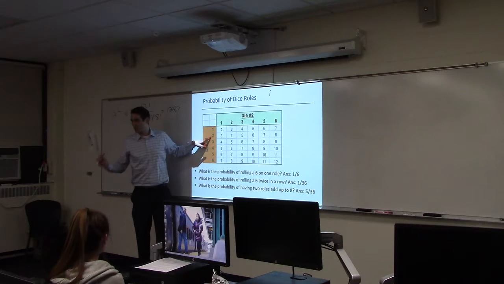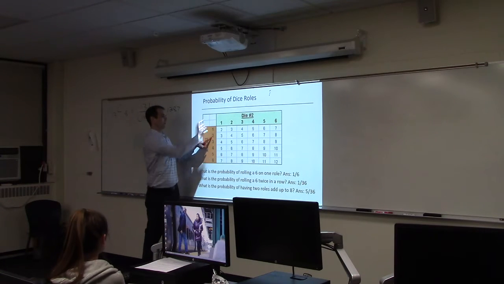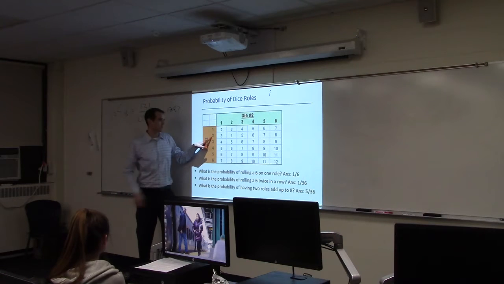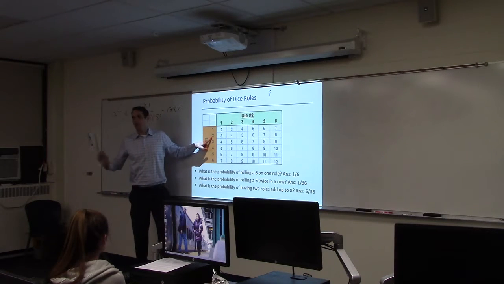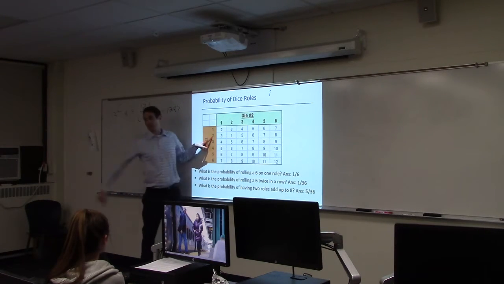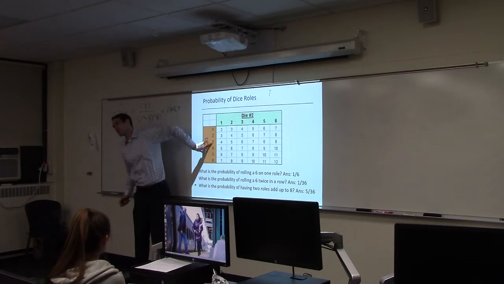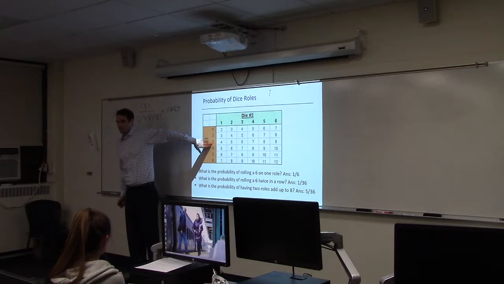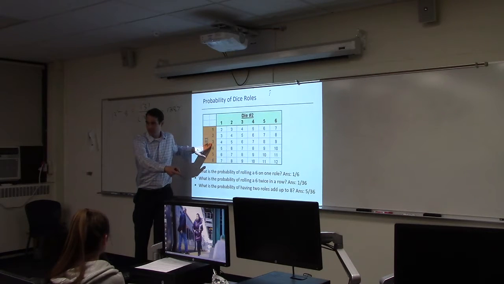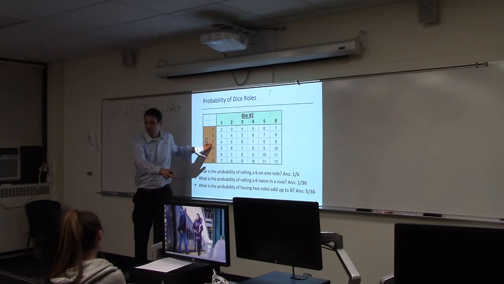Then I could roll a 2 on the first die, and there are 6 other things that could happen that I need to add to that. A 2 on the first die, a 1 on the second die. A 2 on the first die, a 2 on the second die. A 2 on the first die, a 3 on the second die. There's another 6 things that could happen. Then I could roll a 3 on the first die, and then there are 6 more things that could happen the second time I roll the die.